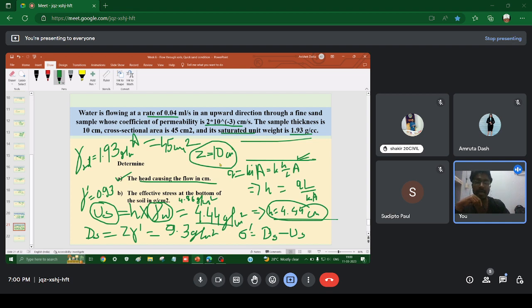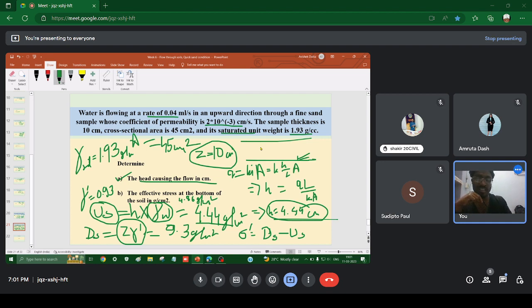Again, this is another sum where the thickness of the layer of soil is not equal to the head causing the flow. But the water is moving upward, so you cannot use Z gamma sat over here, because the saturation effect of the soil will never have any role to play on the effective pressure.